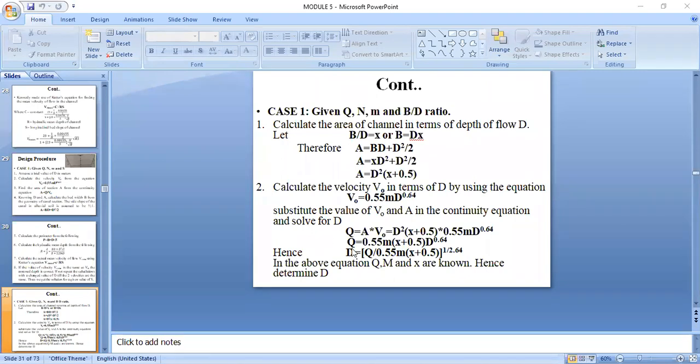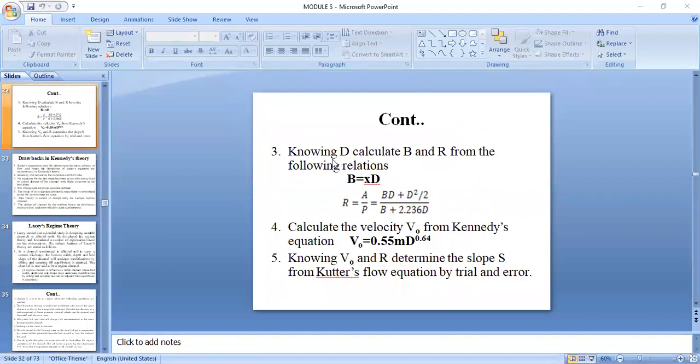Thereby, you can find the depth of flow by using this equation. Next, knowing B and D, from the following relation, we can calculate the hydraulic mean depth. Once you know the hydraulic mean depth, you can calculate the critical velocity. Now, knowing the hydraulic mean depth and critical velocity, we can determine the bed slope of the canal by using Kutter's equation by trial and error method.